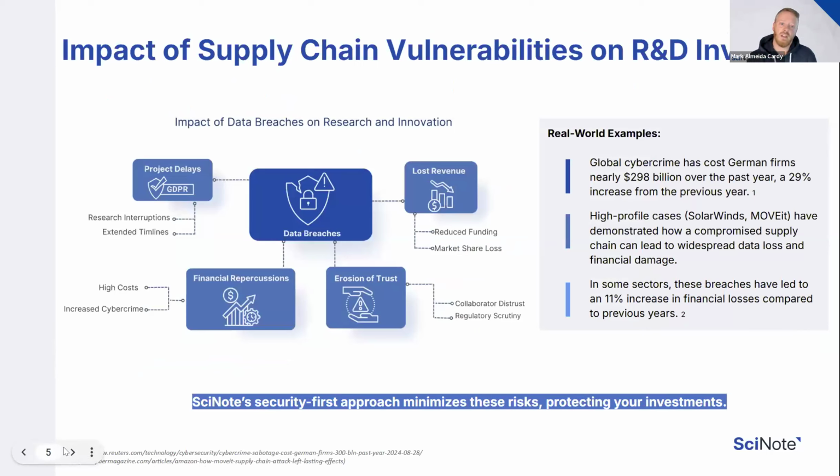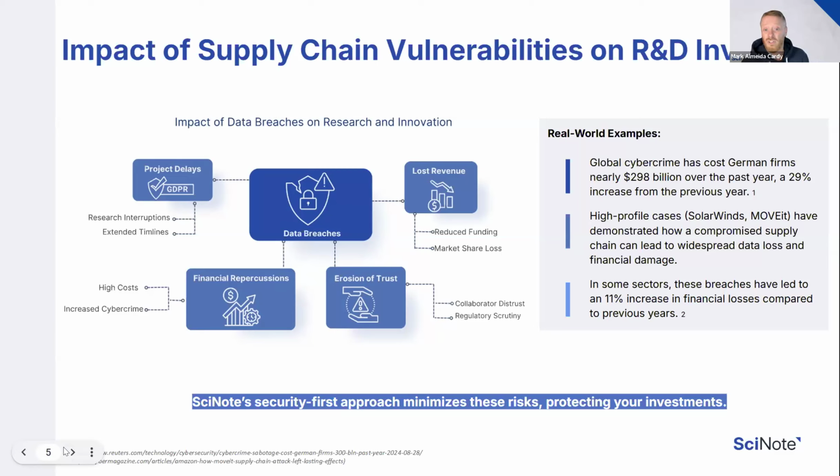So the fallout from supply chain vulnerabilities can be really devastating. Data breaches expose your sensitive R&D information and intellectual property, causing project delays, revenue losses, and even reduced funding. They also erode trust with collaborators and invite regulatory scrutiny as well. Financially, it's a massive hit.